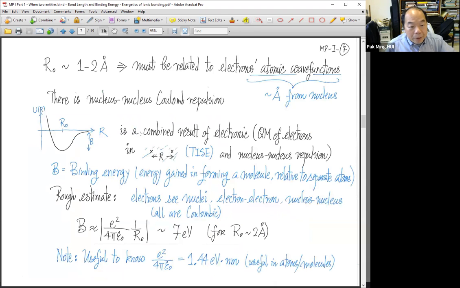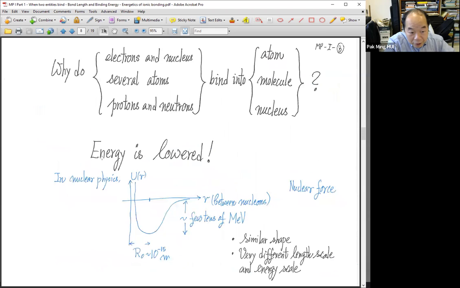So now, this is the comment I would like to make. When two things bind, usually you are expecting such a curve. This is the potential energy as a function of the separation of the two things. In nuclear physics, it will be a different scale.